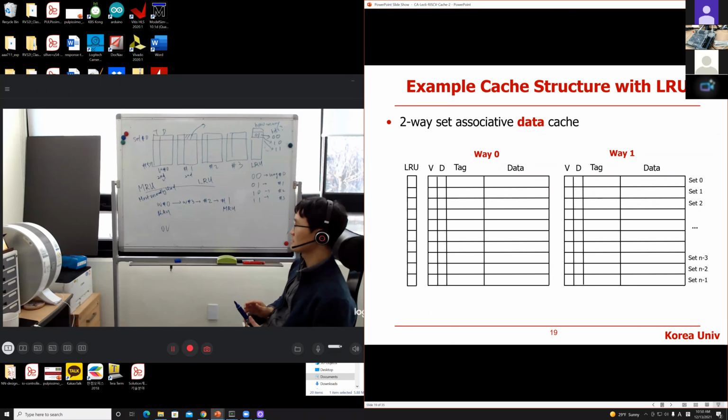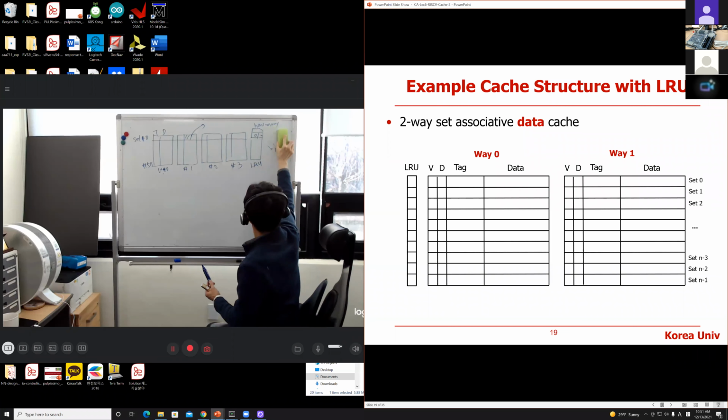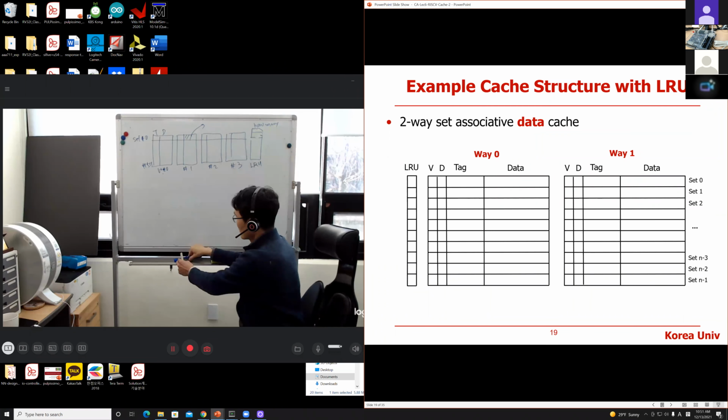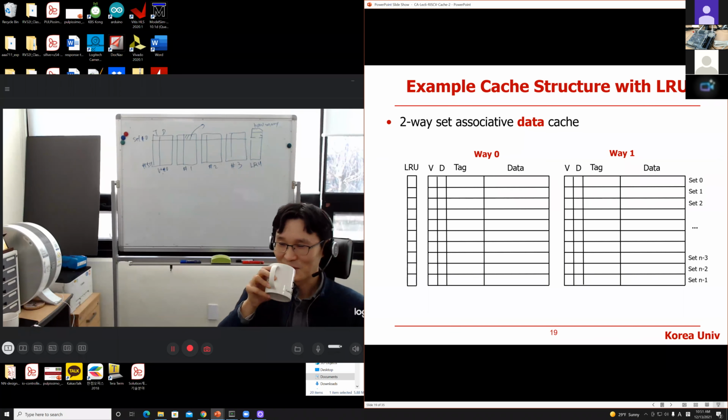Then how many bits do you need to implement LRU in way set associative? Anyone? 8-bit. Oh, that is too many.